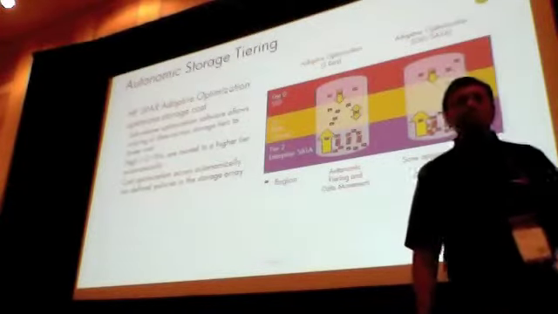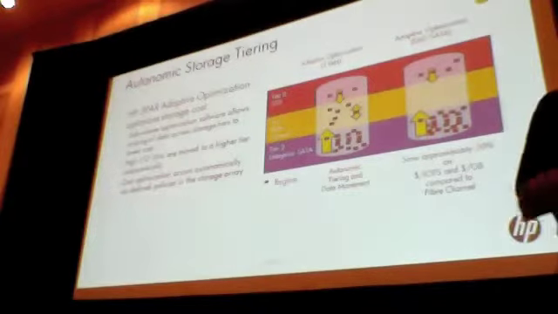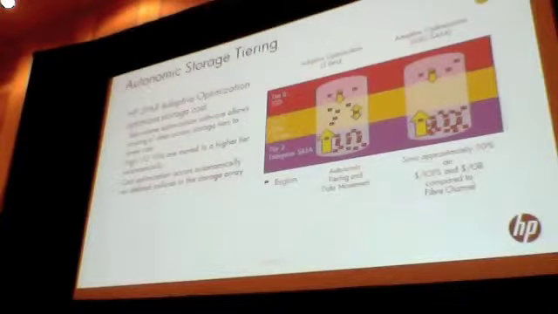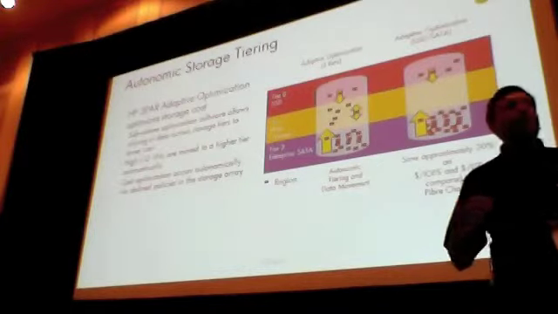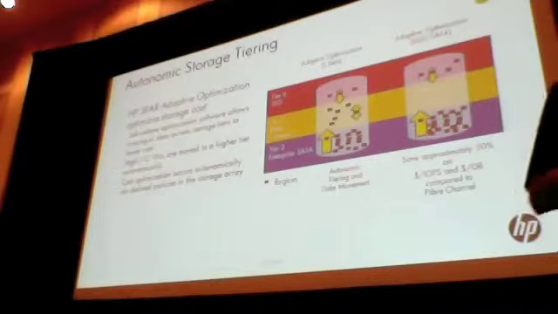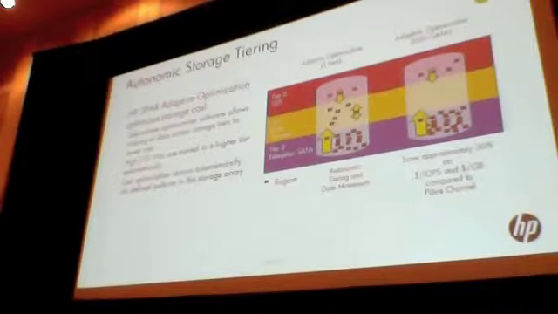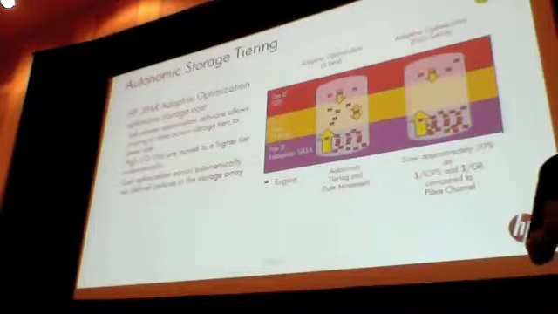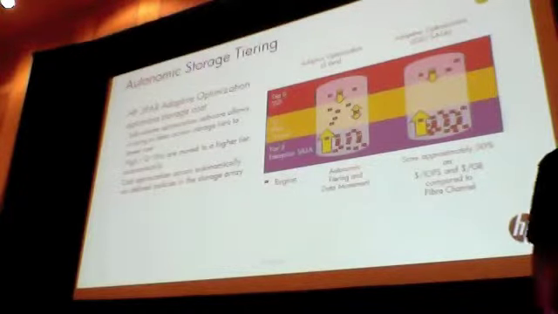Okay, so one of the key things 3PAR's benefit is this autonomic storage tiering. What essentially it means is my data at the right tier for the right cost, right? Is my data on the right tier of storage at the right cost? Especially with VMware, it makes a lot of sense.